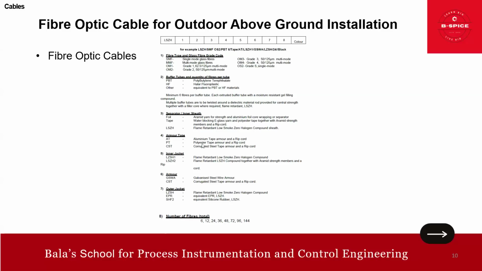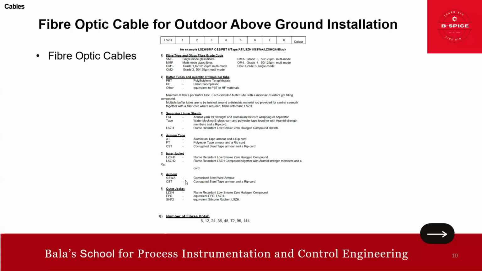Then you have armor. Armor is basically aluminum tape armor and a ripcord, and we have a polyester tape also, PT. Then we have a corrugated steel tape armor also. This is also different. Then inner jacket as usual, LSZH 1 and 2, flame retardant, low smoke, zero halogen compound together with aramid strength members.